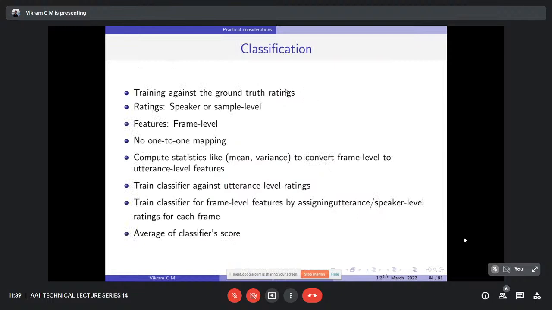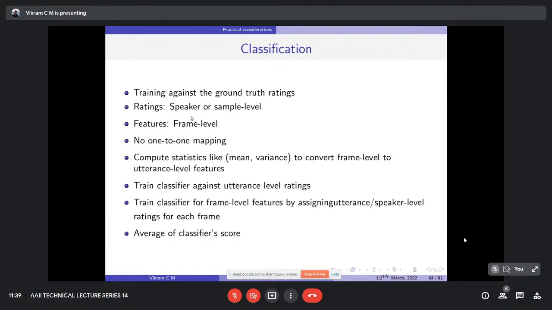When coming to the classification, we have the data and we have extracted some acoustic features, and now the final goal is to develop the classification. In the classification, the model needs to train on the acoustic features along with the ground truth ratings.